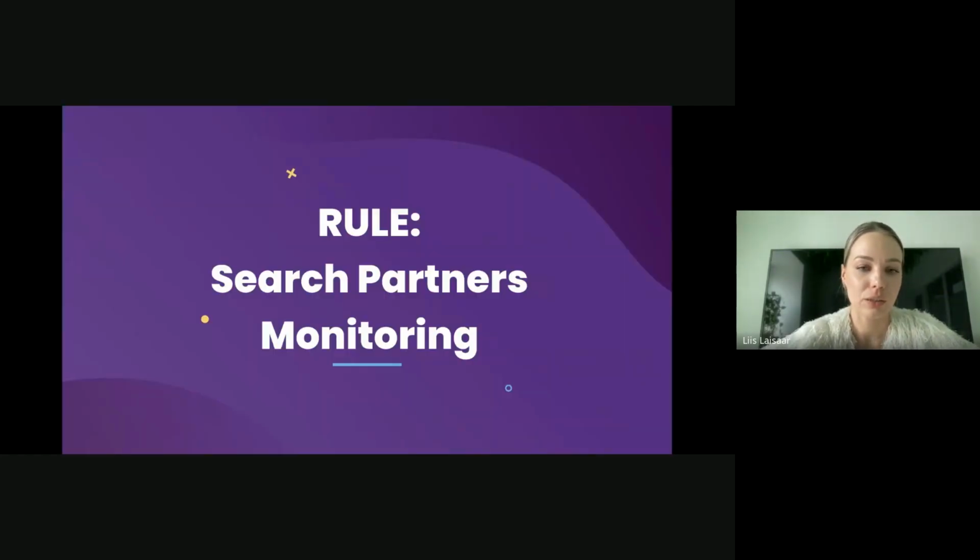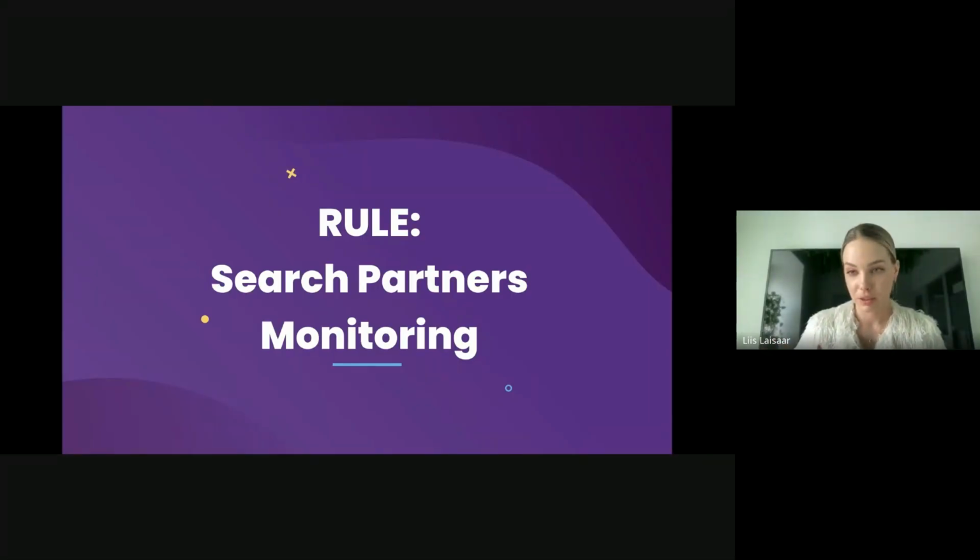Next one is an automated rule to monitor what's going on with search partners. When we set up search campaigns, we obviously have the option to show ads in Google search, as we mostly want to be doing when we set up Google Ads. Or there's also the option of showing ads on the search partner network.